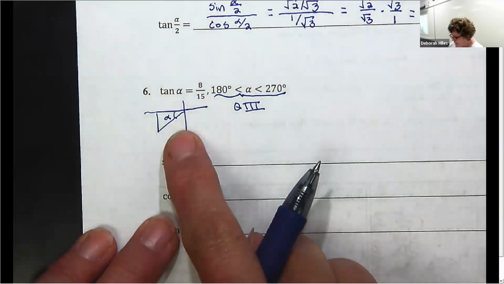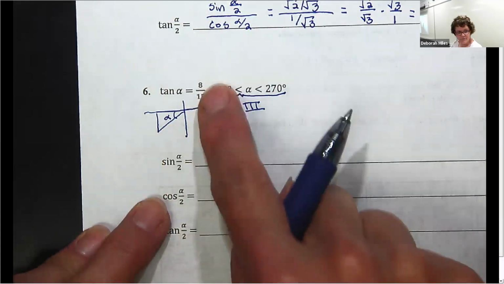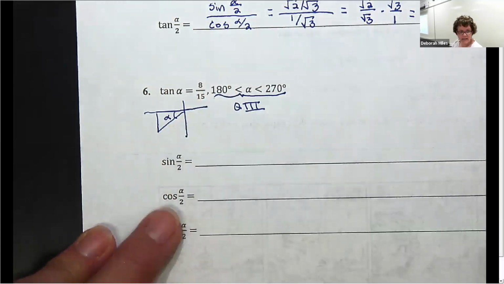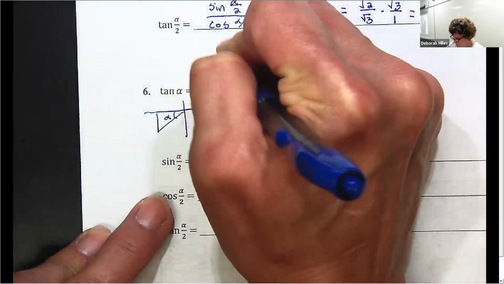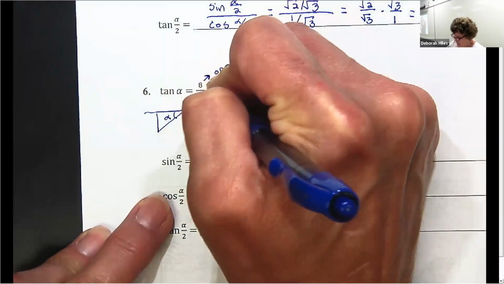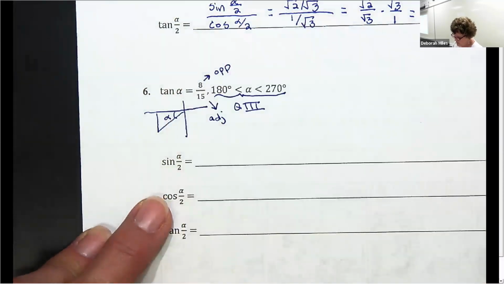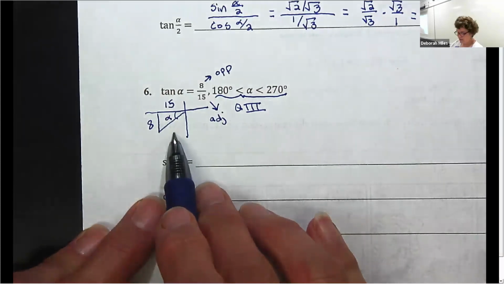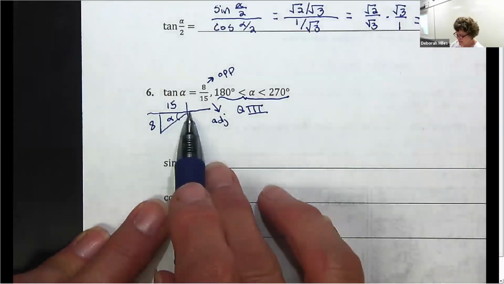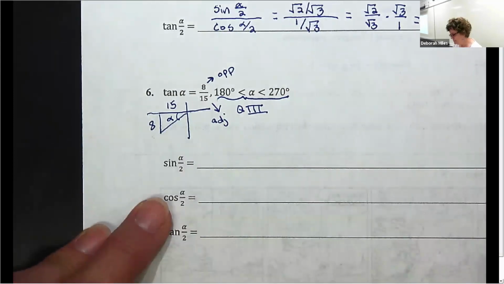We're drawing alpha and labeling it in such a way that tangent of alpha is 8/15. Which two sides does that give me? 8 is opposite and 15 is adjacent. My triangles are never to scale. It certainly doesn't look like the adjacent side is almost twice as long as the opposite side.